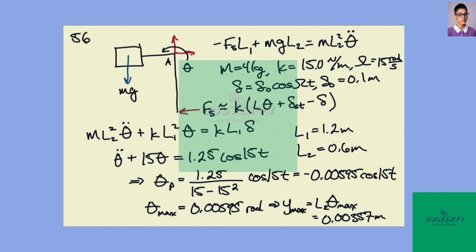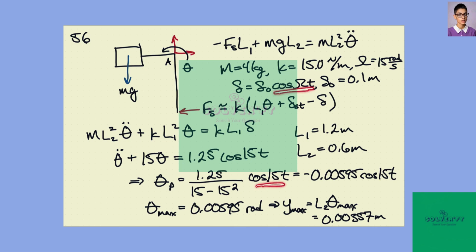So the steady state response, or the particular solution, is 1.25 divided by omega n squared, which is 15, minus the forcing frequency squared, 15 squared, and then cosine 15t, because this was a cosine.